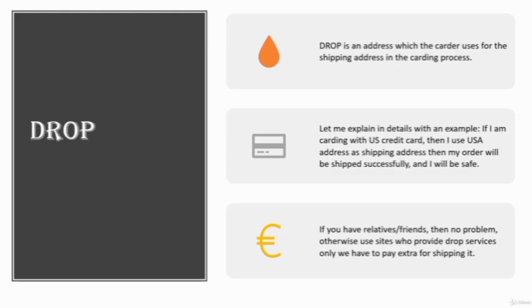I will choose a nearby location and I will include it in billing address, but I will put the shipping address of the drop address so that the drop shipping person will take the order, and then within a few days these drop shipping people will come to my actual address and they will give me the particular product.